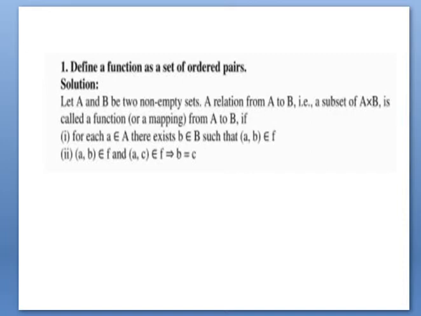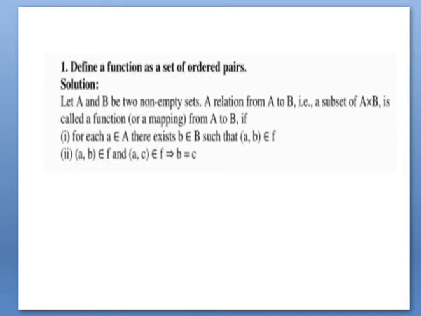And the second point is that if the ordered pair (a, b) belongs to F, and if (a, c) belongs to F, then we can say that b is equal to c. Is it clear? Now from these two points we will draw one graph, which will be the pictorial representation of a function.